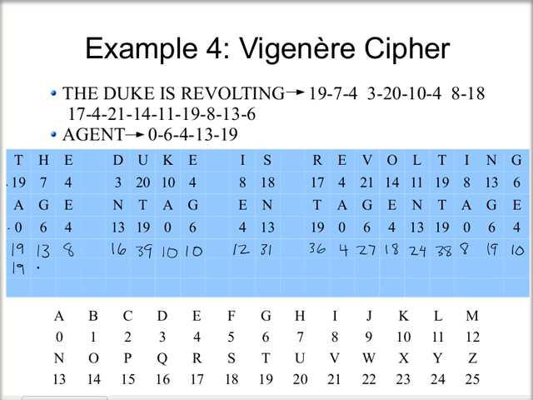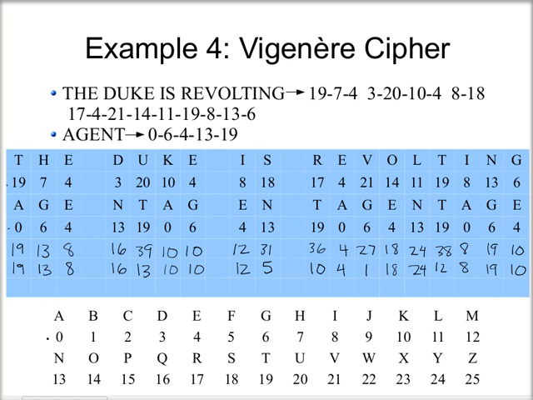So I'll still have 19, 13, 8, and 16. 39 is equal to 13 mod 26. 10 will stay the same, and so will 12. 31 is equal to 5. 36 mod 26 is 10. 4 will stay the same. 27 mod 26 is 1. 18 and 24 will stay the same. 38 mod 26 is 12. And then 8, 19, and 10 will all stay the same.